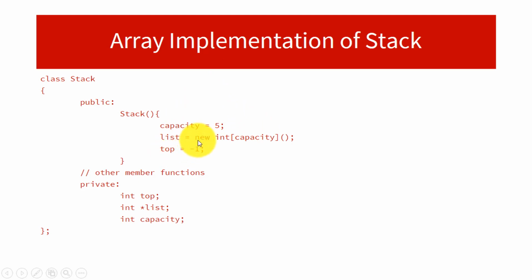And we have created an array on the heap based on that capacity and returned the pointer of that array, and list is actually pointing to the first location of the array on the heap. We have also initialized the top of the stack to -1 because we are using arrays, and an invalid index for the array is going to be -1. We could have initialized the top to 0, but I'm going to explain why I've initialized it to -1. And the data members remain the same.